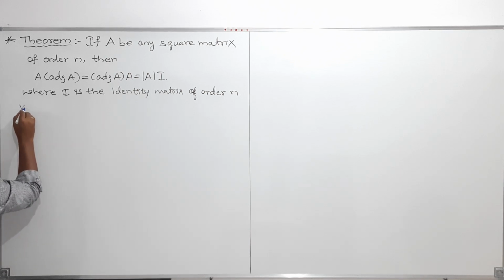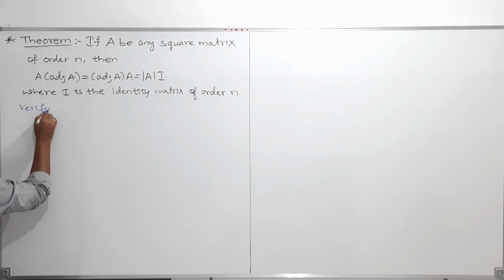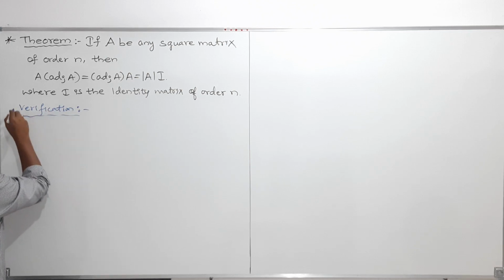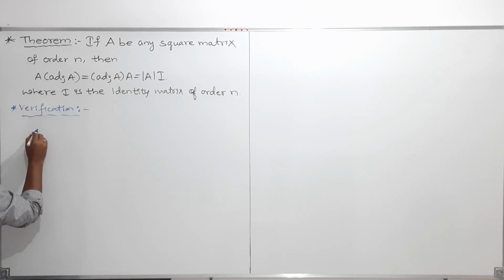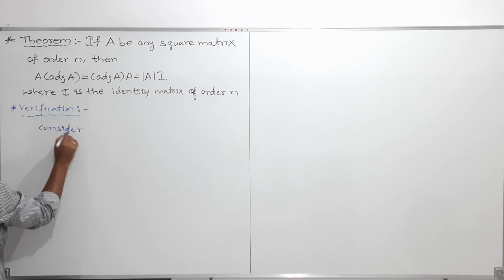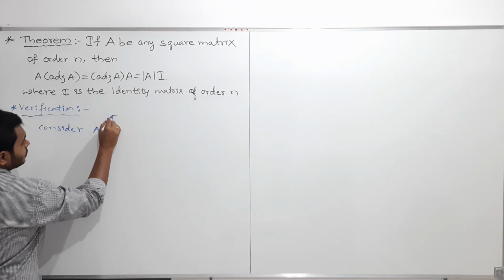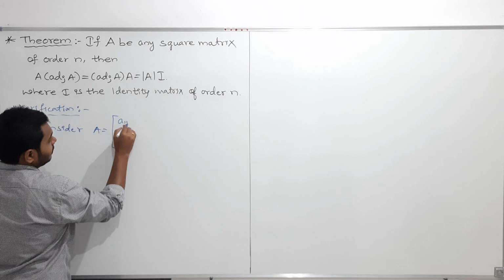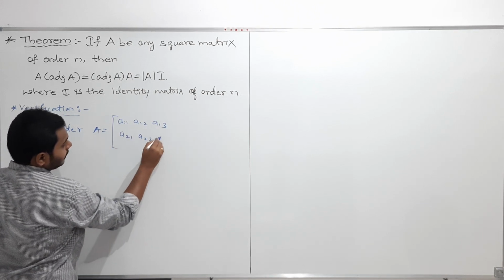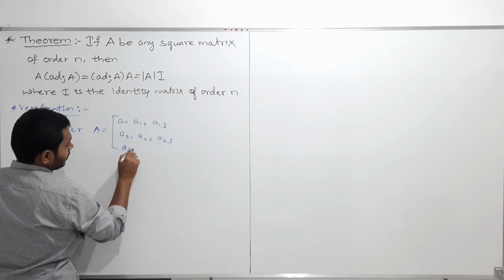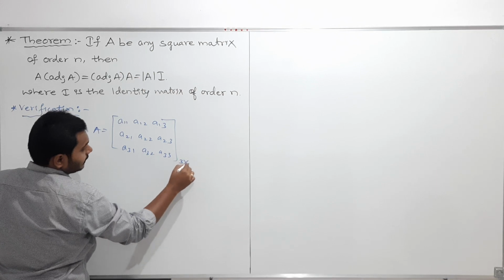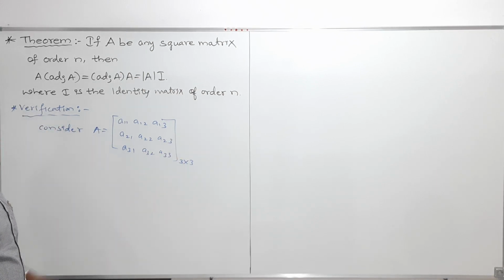To verify, let us consider A is equal to one matrix: A11, A12, A13, A21, A22, A23, A31, A32, A33. This is the matrix of order 3 cross 3 that I am considering, my students.